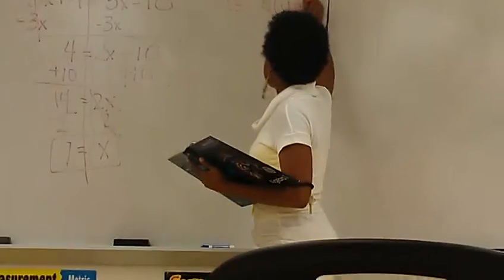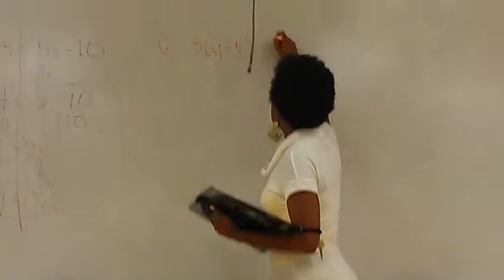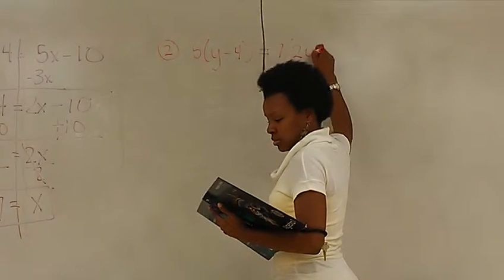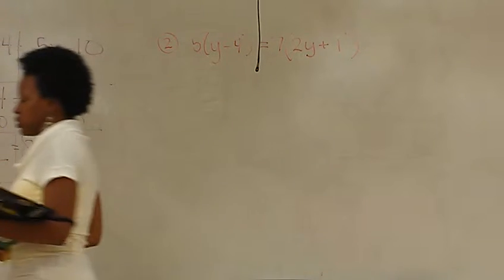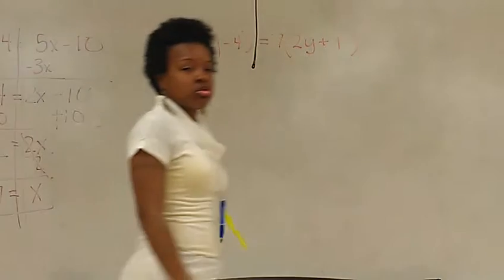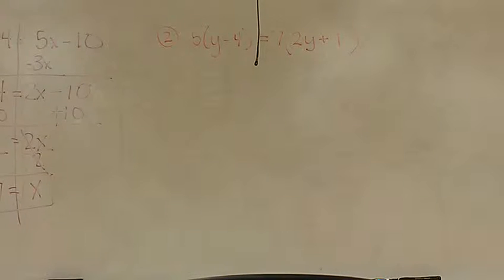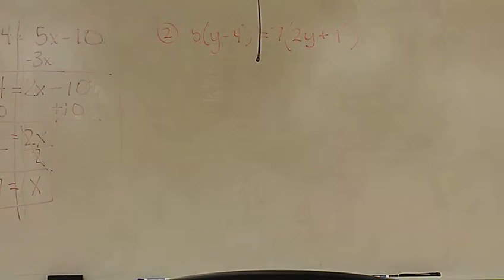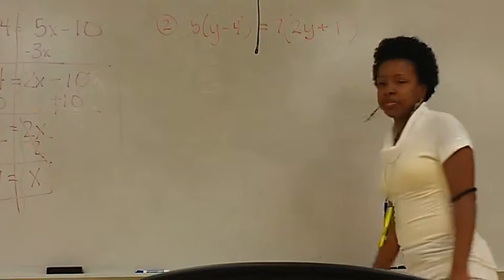It's not hard, but you got to follow the steps. Okay? 5 times y minus 4 equals 7 times 2y plus 1.